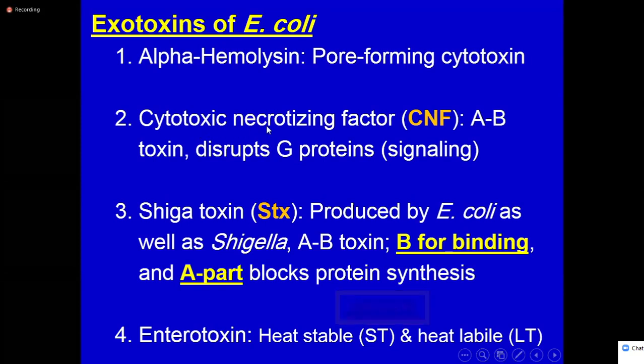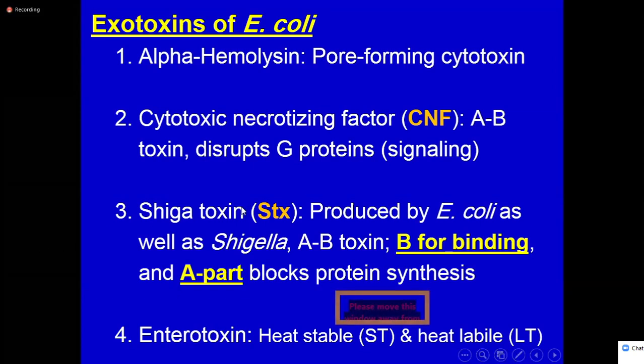It has A and B portions. B is for binding, and the A portion is the toxic portion. So it is a toxin. It can cause disruption of the G protein, which is the signaling protein. You know, cells have a system called the G protein system, which is for signaling. CNF can destroy or disrupt G proteins.